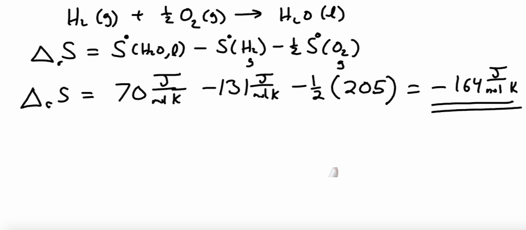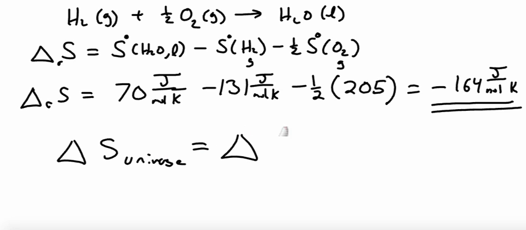So the overall entropy of the universe has to increase, and we could write this like this. We could say delta S for the universe, which is equal to delta S for the system of interest, which in this case was our reactions and products, plus the surroundings.